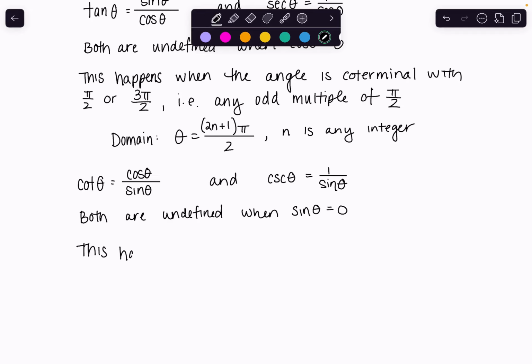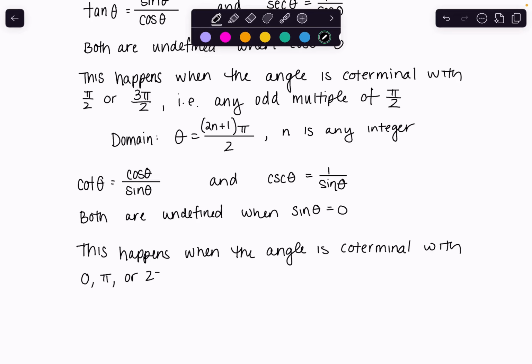This happens when the angle is coterminal with 0, pi, or 2 pi. So this is any multiple of pi.